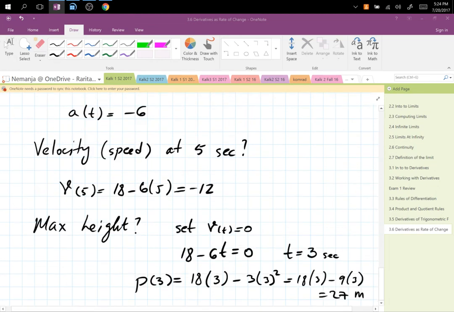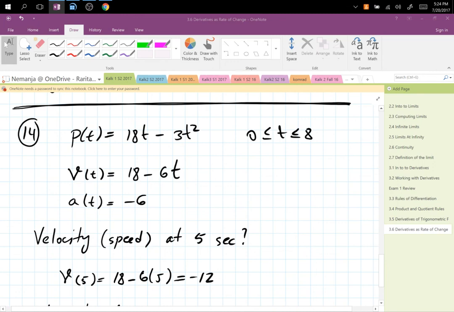Now, another question I could ask is, I give you the equation, and I also ask what's the initial velocity. What would you say? 18.